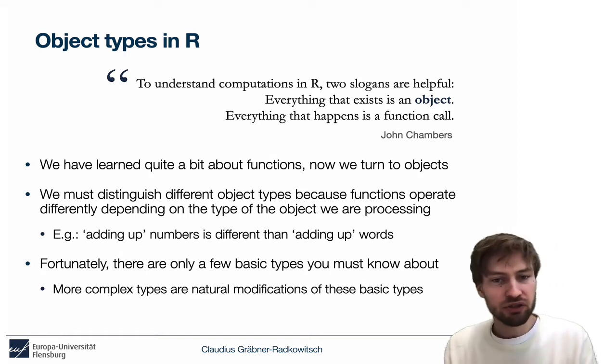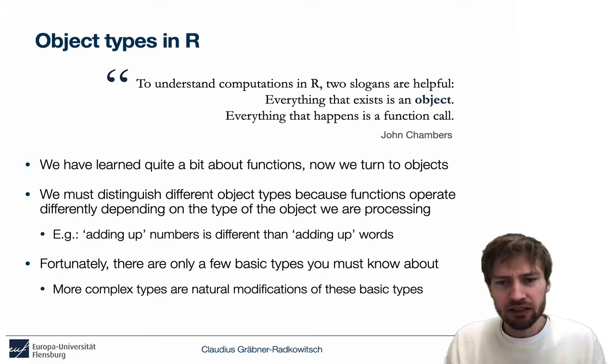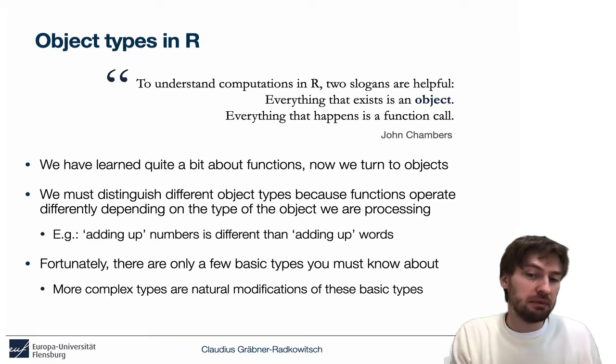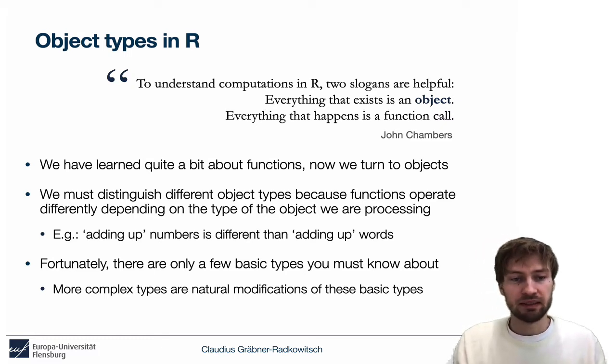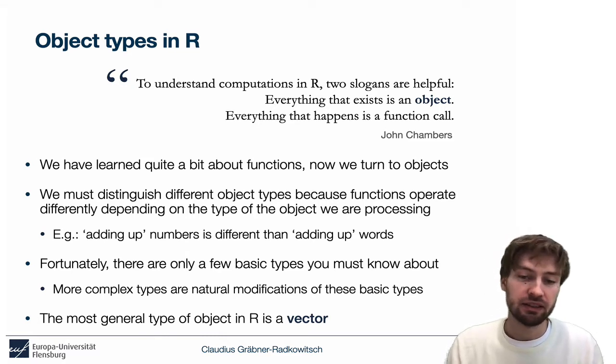So if you want to understand something more advanced, like a table-like data frame, that is actually not that difficult because it's just a modification of one of the most fundamental types, namely the list. But we will learn about this in a second. The most general type of an object in R is definitely a vector.